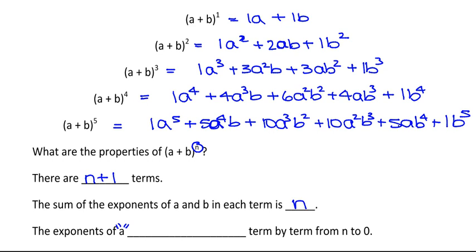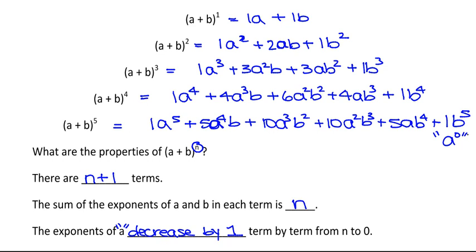In my last term I have a to the power of 0. So there's an invisible ghost of a to the 0 in this last term here, which is equal to 1, which is why we don't see it. So what actually happens is that the exponents of a decrease by 1 term by term, starting at n, so starting at the original exponent, all the way to 0.